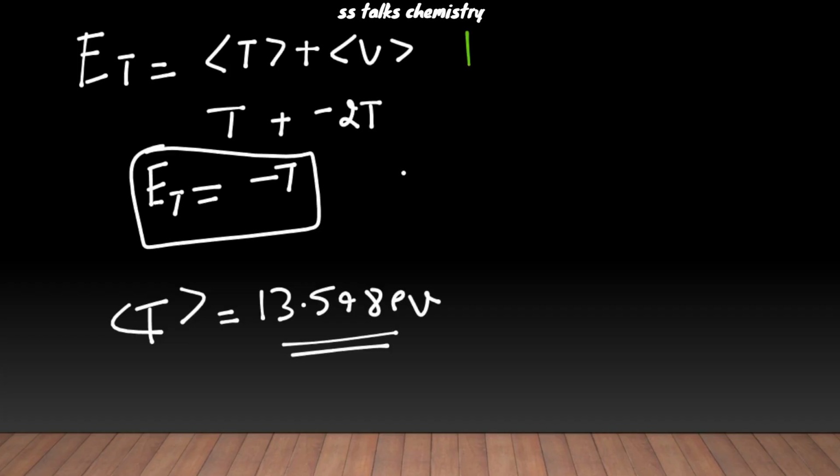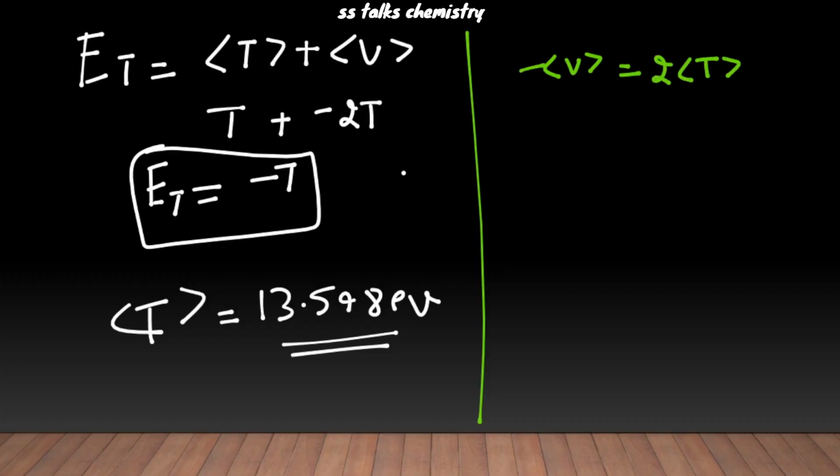Now the potential energy: minus the potential energy is equal to 2 times the kinetic energy, this relationship that we derived over here, right?